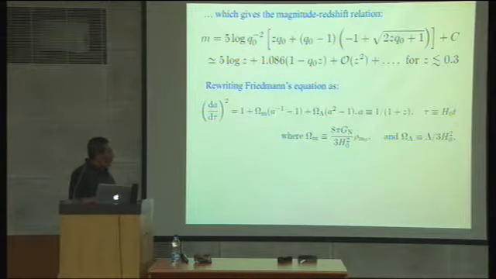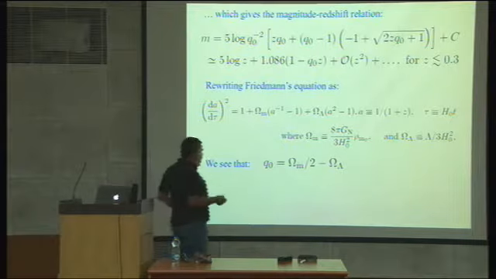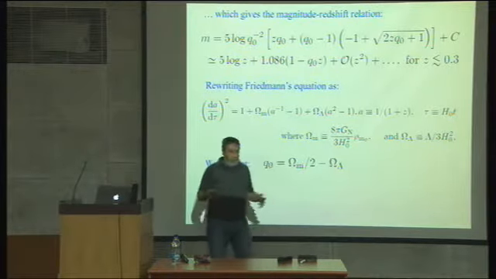And the definitions of omega matter and omega lambda are here. Okay? So this is normally how cosmology is done in the present day up to redshift of order 1. And from this you can read off that q0 is omega matter by 2 minus omega lambda. So if you don't have lambda, then q0 is always positive, the universe is decelerating.